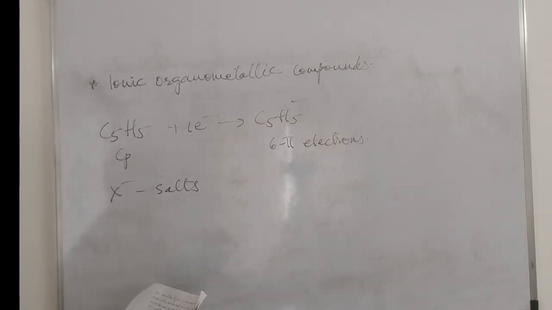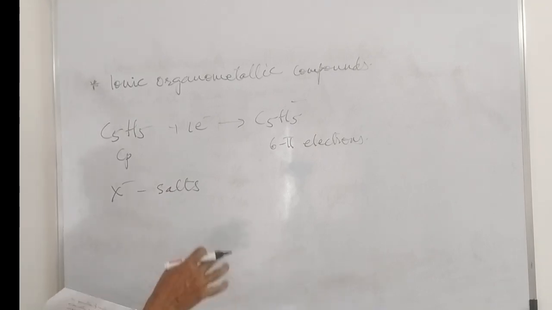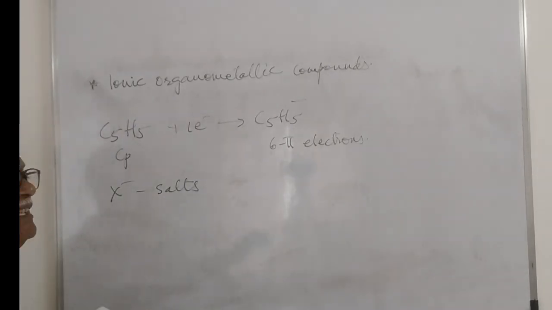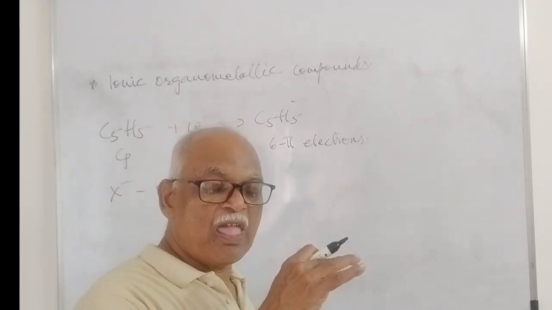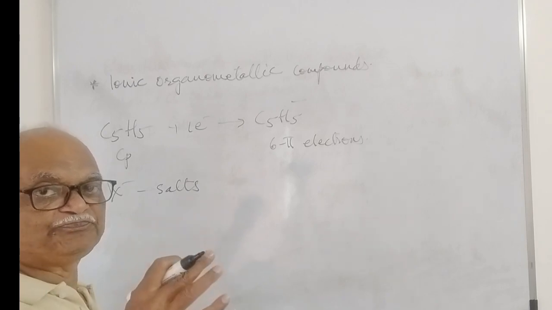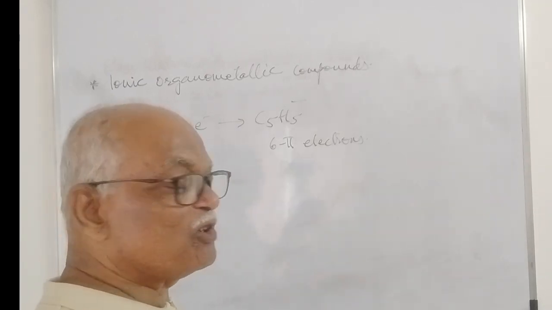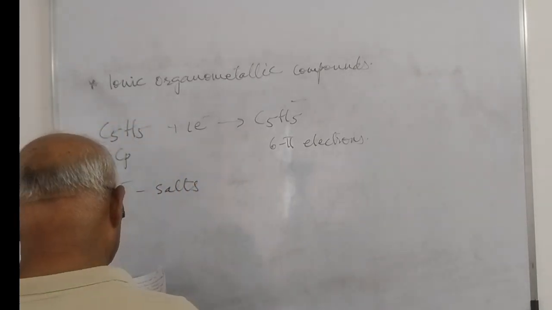So ionic organometallic compounds are formed when the metal is strongly electropositive and the carbon part of the organic compound shows that the negative charge is delocalized all over this, meaning the electron density is concentrated on the carbon and that charge can be delocalized easily over the aromatic or unsaturated system.